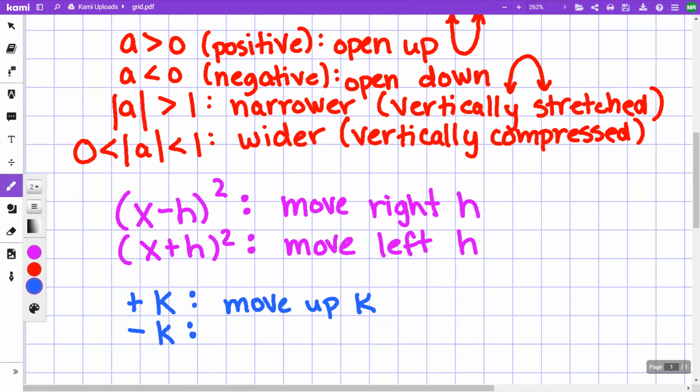If you have a minus k, you're going to move down k. And that's going to be true, all of these, for every type of graph we talk about. They're all going to be moving in the same way, but based off of their parent graph.